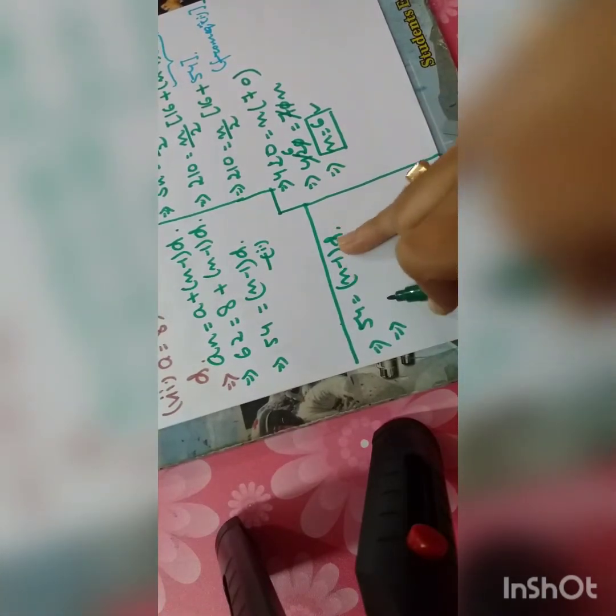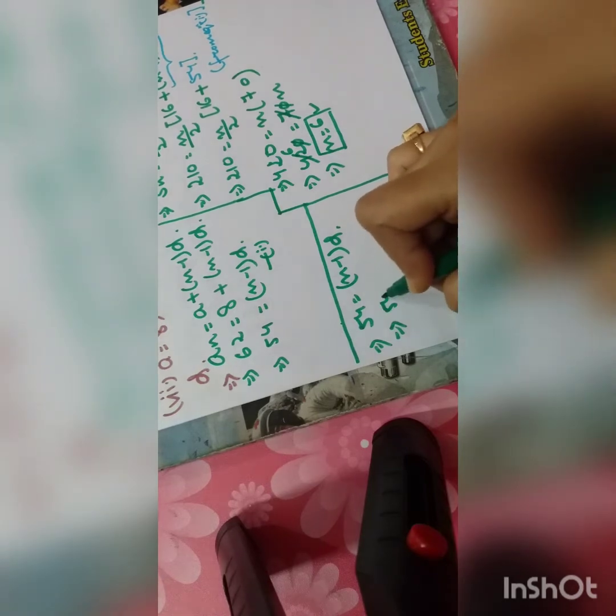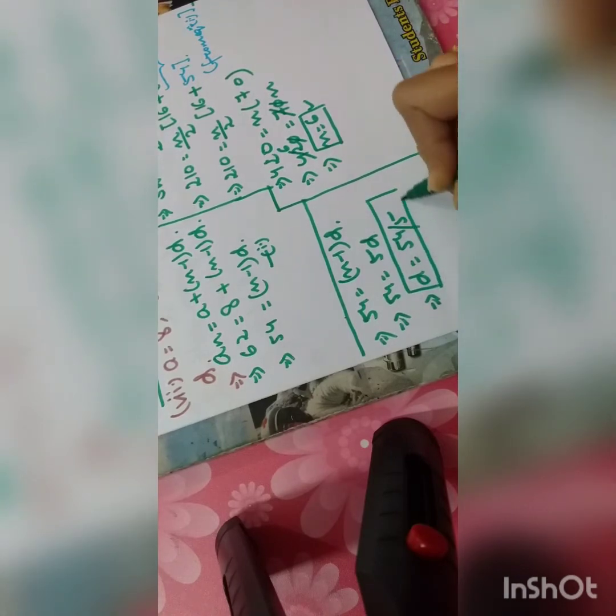So 54 equals, n is 6, so 6 minus 1 will be 5 into d. So the value of d will be 54 by 5. So the value of n is 6 and the value of d is 54 by 5. Hope it is clear till here.